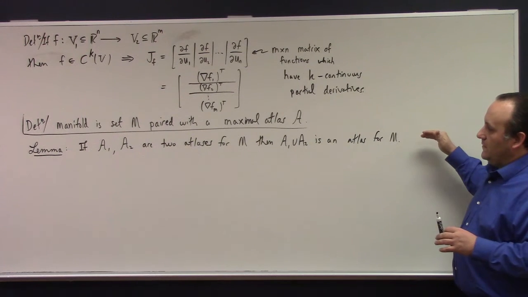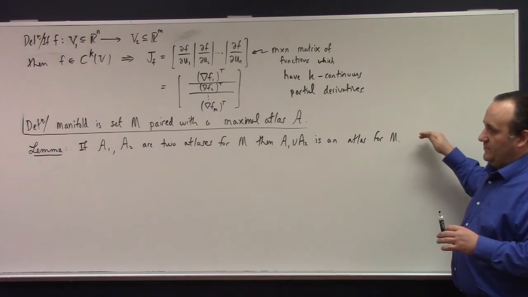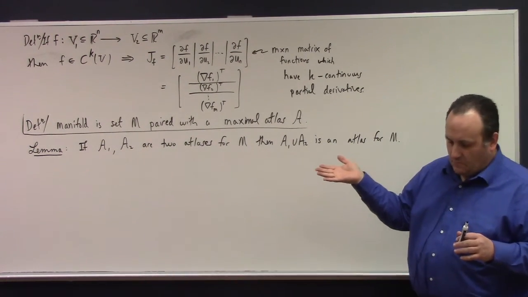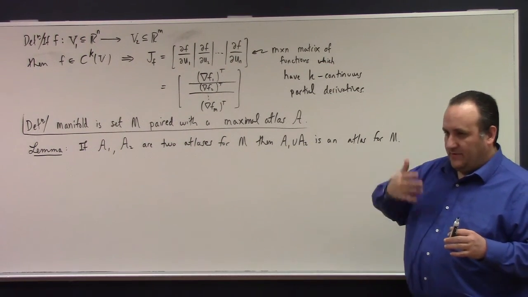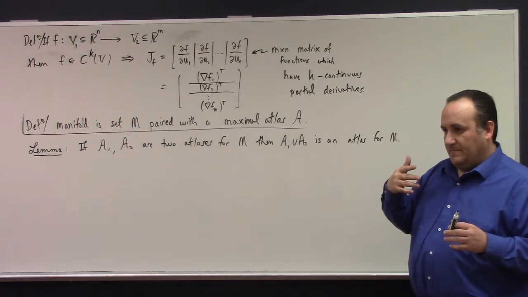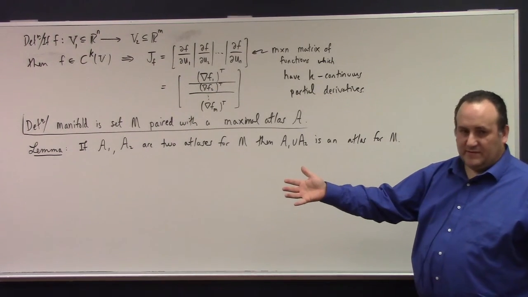Okay, so if this is the case, then what you can think about is, if you're given an atlas for a set, then you can keep adjoining to it additional charts which are compatible, right? And if you take the union with all possible compatible charts, this gives you what's called the maximal atlas.